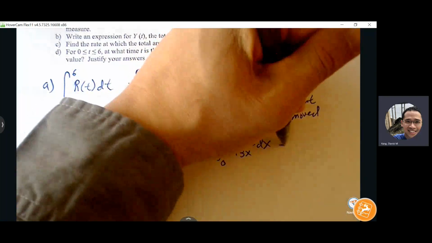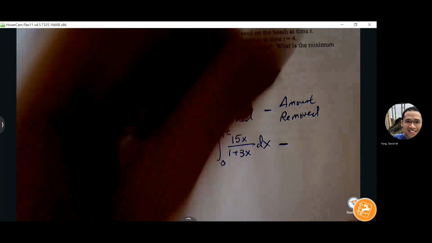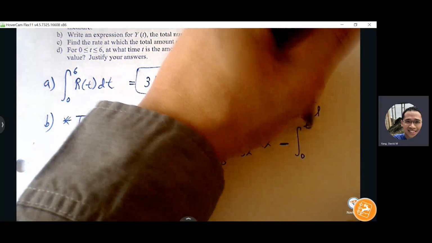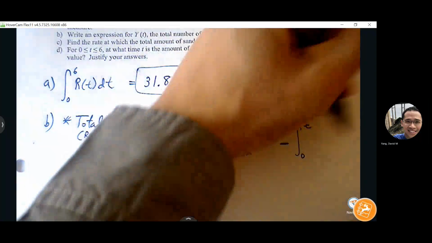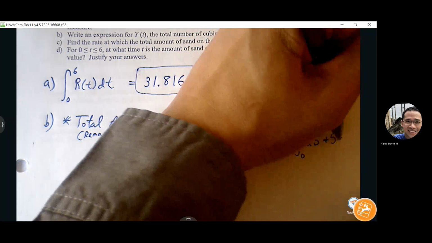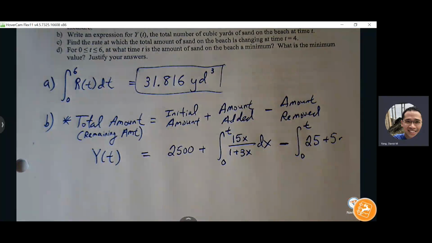Okay, minus the amount removed. So integral from 0 to t, and then I'll write out my r of t. Oops, sorry, 2 plus.